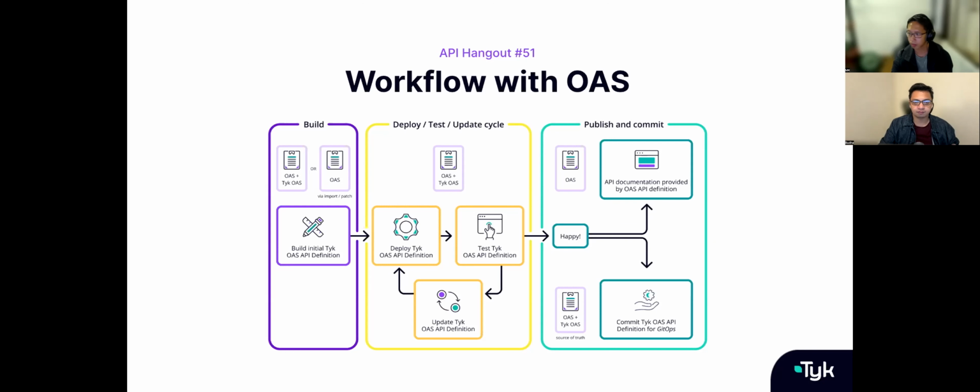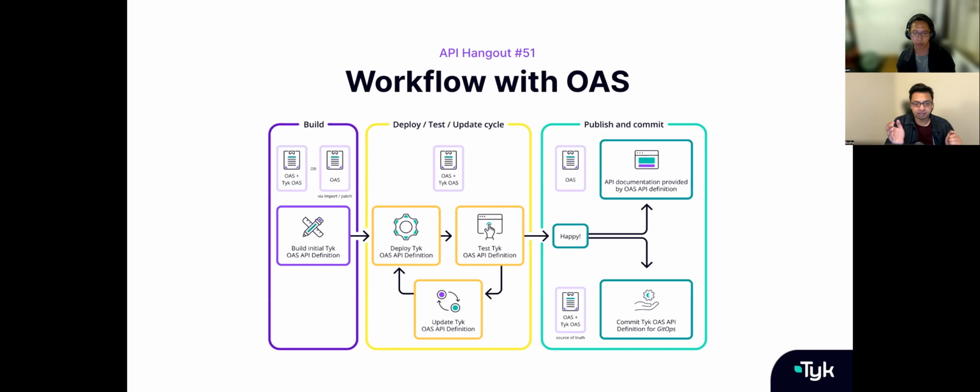You can look at it across different phases, from your build phase to your deploy, test, update cycle to your publish and commit phase. With build, you have the ability to build initial Tyk OAS API definitions with Tyk itself, or to import your OAS document that you've already created.